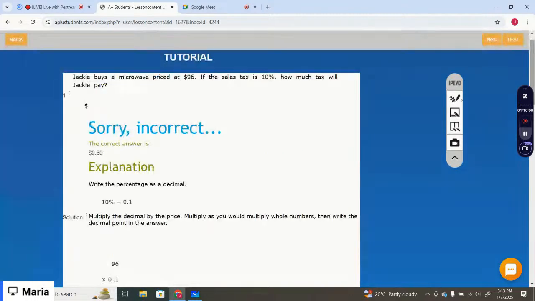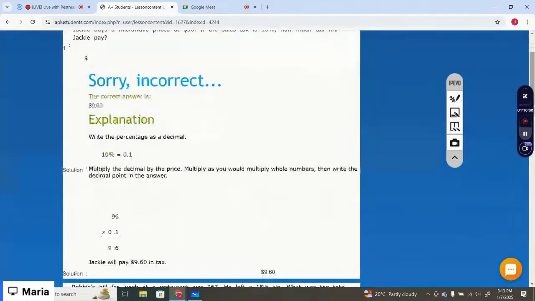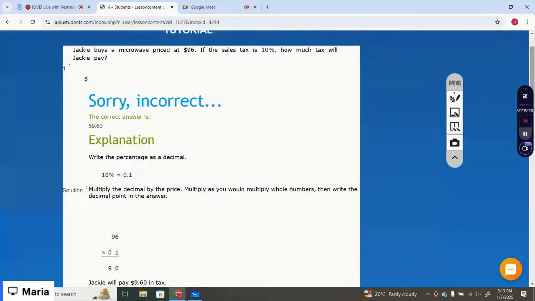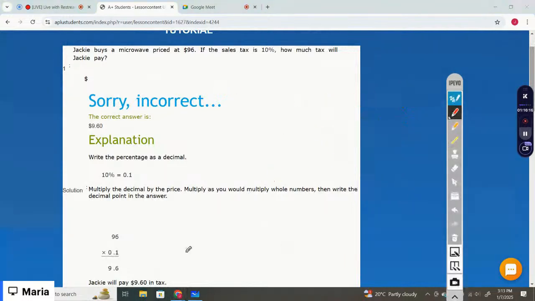So the tax is 10%. How much tax does he have to pay on a $96 microwave? You have to calculate 10% of 96, right? That is 96 times 10 over 100. So 10% of 96 is 9.6. So that means the tax he has to pay is $9.6.